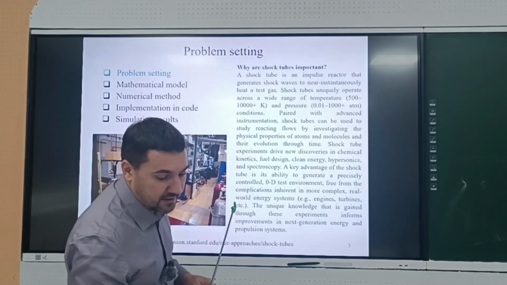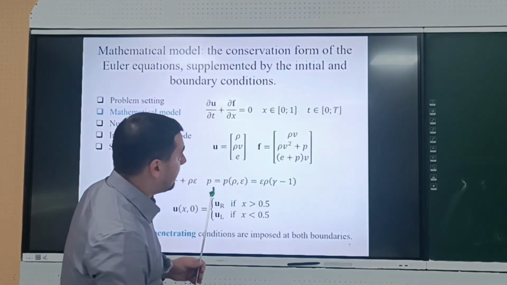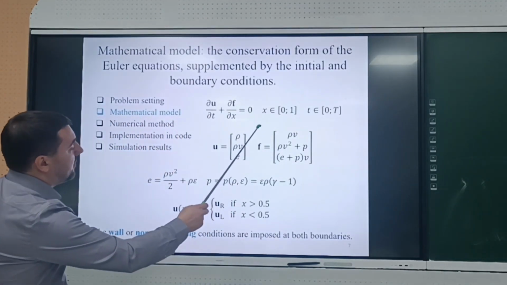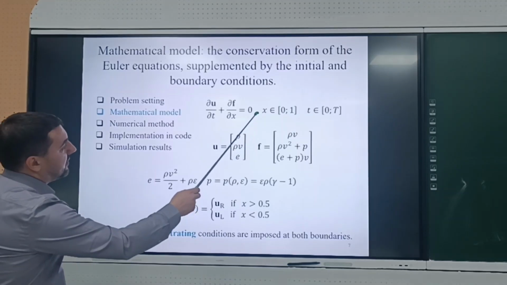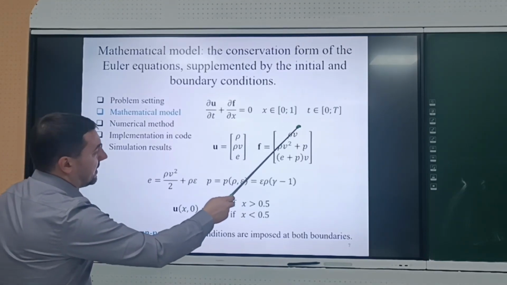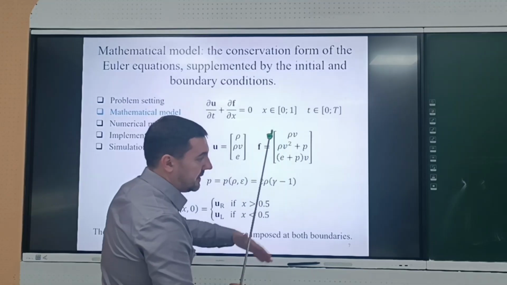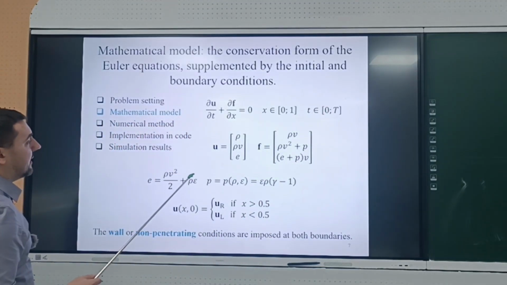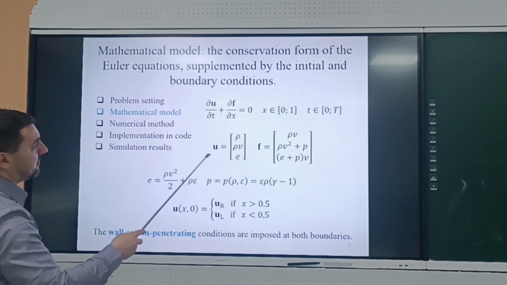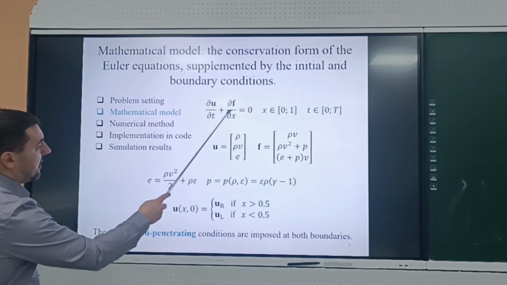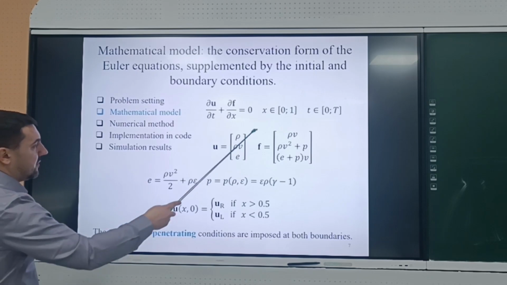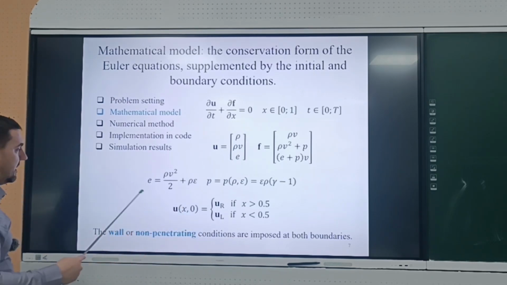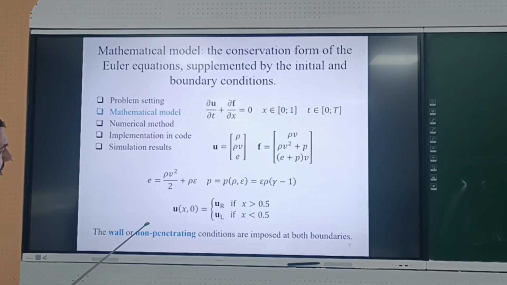But now we should keep it in mind, so we would like to solve our problem on the interval from 0 to 1, and actually we have some finite time, for example T, the capital, the final time instant. We will use this conservation form of Euler equations, the conservative variables vector, the flux vector, and the total energy per unit of volume.